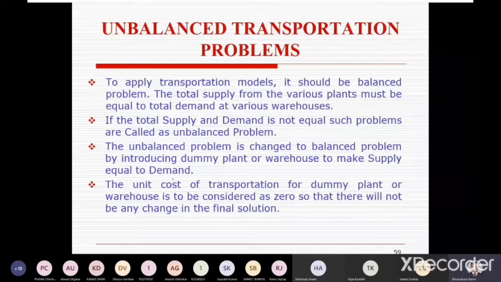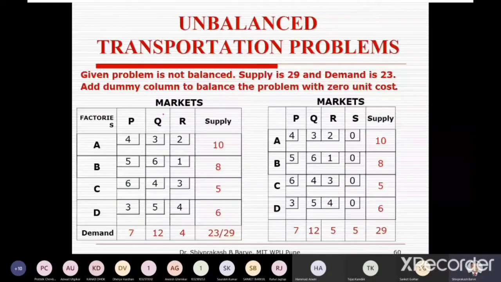So we have to add either an extra row or an extra column with 0 unit cost in each and every cell of that additional row, so that there will not be any change in the final answer. The transportation cost for the dummy plant or warehouse is considered 0, so there will be no change in the final solution. This is one example of an unbalanced transportation problem.